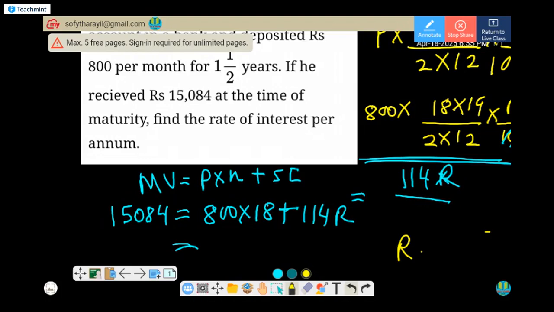Ma'am, I'm getting 6. Exactly. Okay. Yes. So the R value is 6%. Yes, everyone is getting the same number. Is there anyone who's getting a different value?